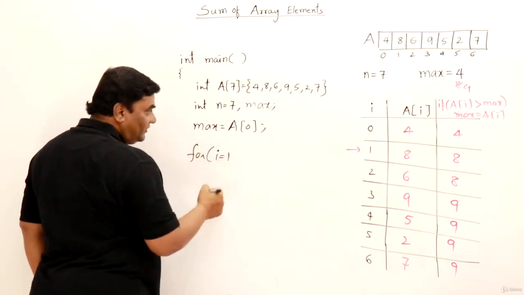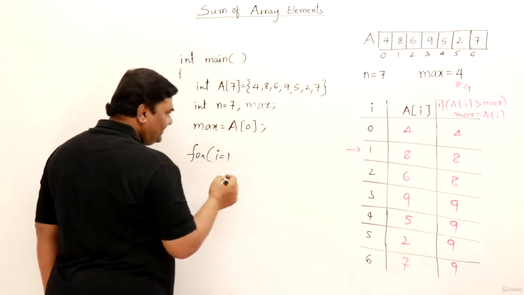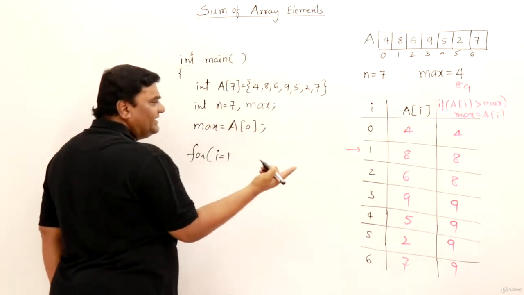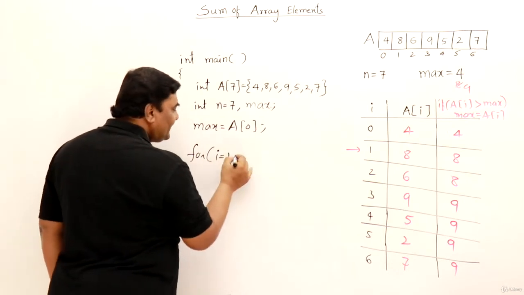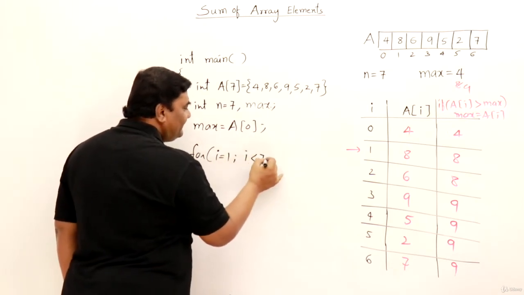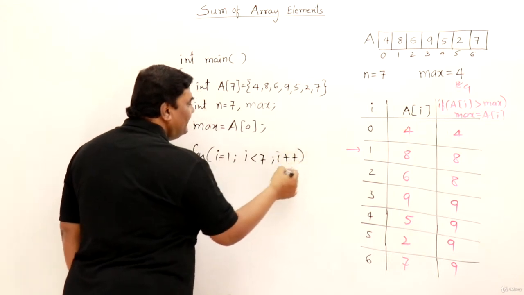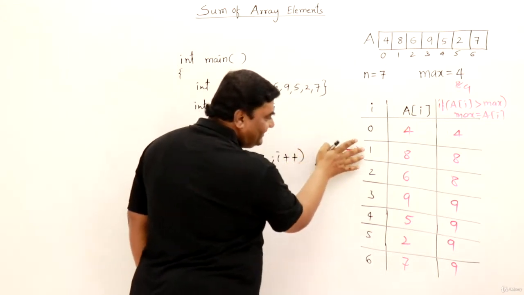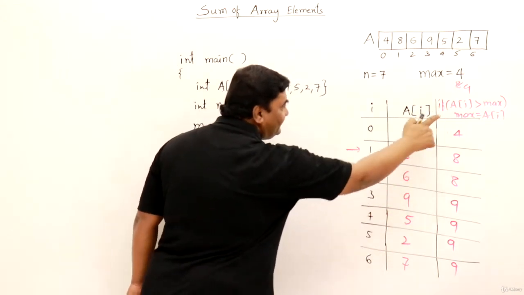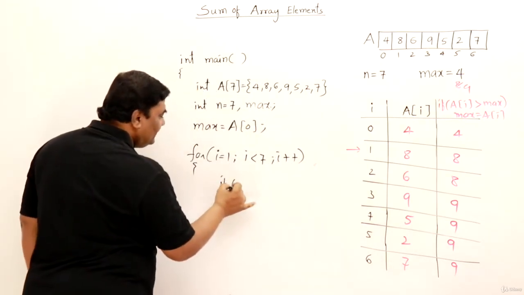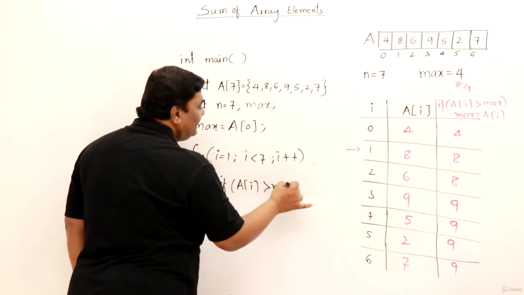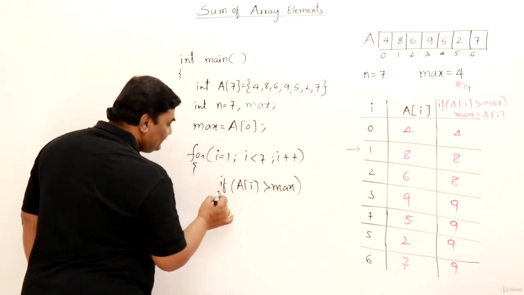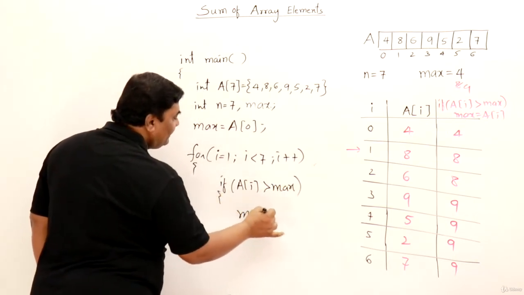For i assign 1 onwards, we will start comparing from here. If you start from 0 also nothing will happen, right? Because 4 is not greater than 4, nothing will happen. Then i is less than 7, then i plus plus. Then while scanning through an array one by one, what I have to do? Check that if a of i is greater than max, change max to a of i.